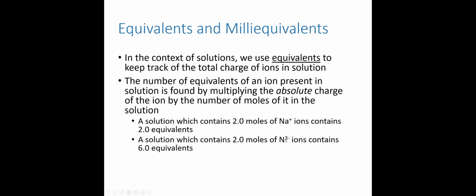Nitride ions have a charge of 3 minus. Now we only care about the number, not the sign. So the absolute charge is 3. So to find the number of equivalents, it would be 2.0 times 3, or 6 equivalents. Ultimately, there's going to have to be the same number of equivalents of positive charge as negative charge in a solution.